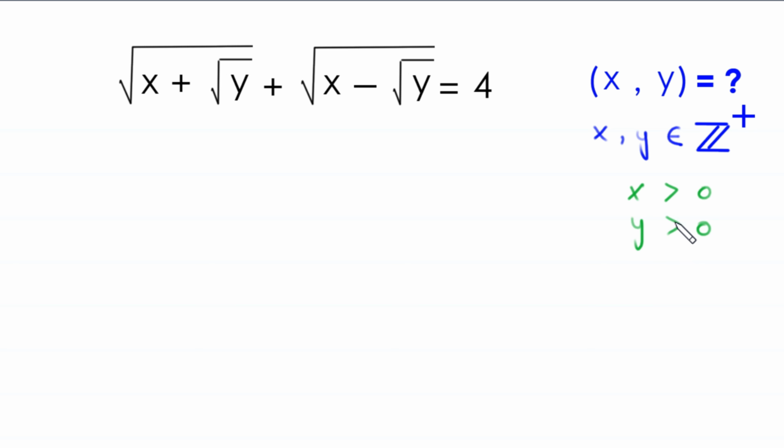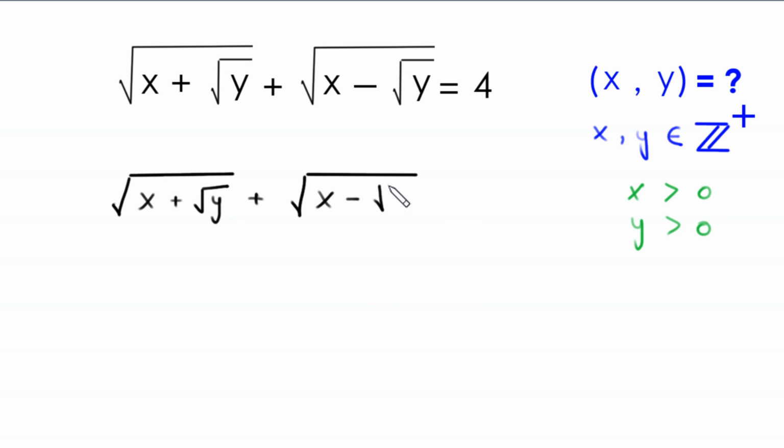Now let's start by squaring both sides of this equation. The equation is the square root of x plus root y plus the square root of x minus root y equal to 4, and we square both sides of this equation.